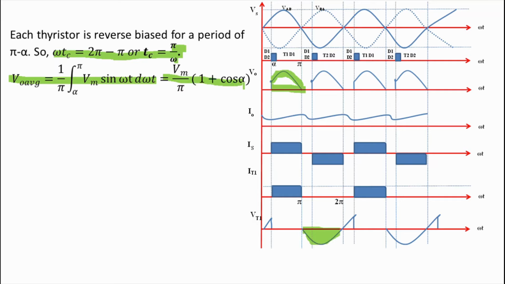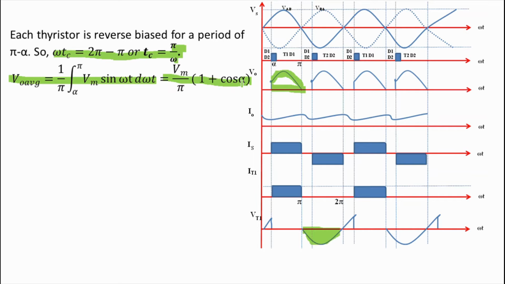Here V0 average will always be positive, because the maximum negative value of cos alpha is -1. So that's why V0 average is always positive. We can say that this semi-controlled rectifier has one quadrant operation because both current and voltage are always positive.